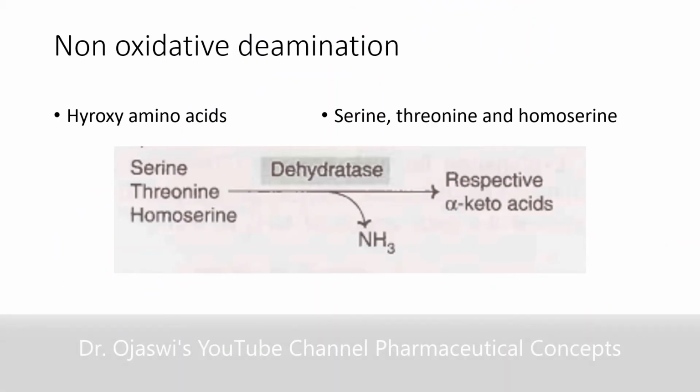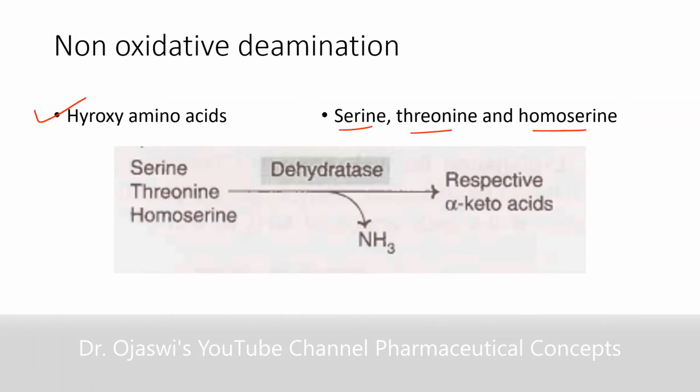So some of the amino acids can be deaminated to liberate ammonia without undergoing oxidation. So the first example is the hydroxy amino acids. These hydroxy amino acids, for example, serine, threonine, homoserine, they undergo non-oxidative deamination, which is catalyzed by PLP dependent dehydratases.